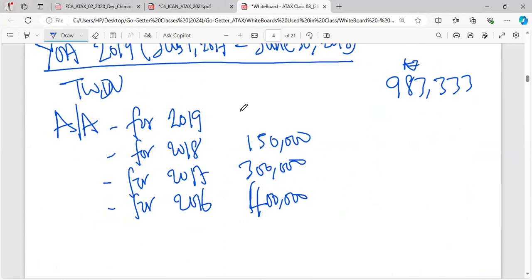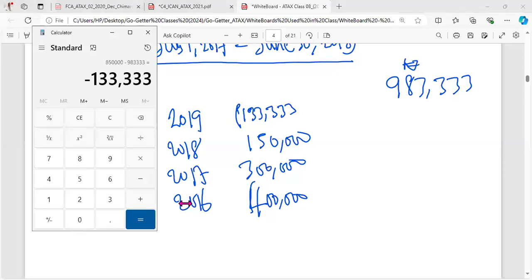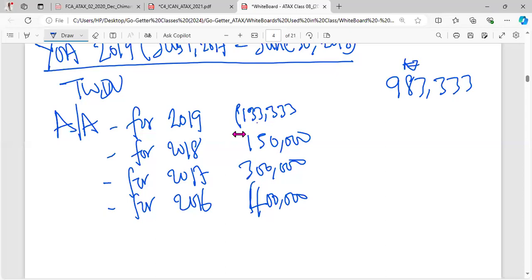So we'll say this is going to be 133,333. But because this is the last year, you must keep 10 naira per asset.